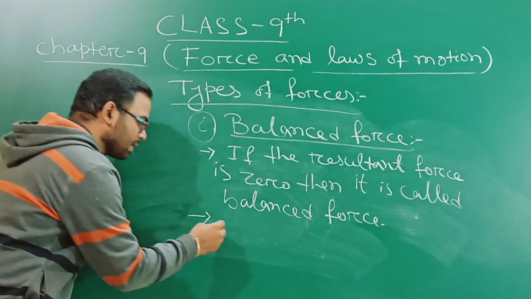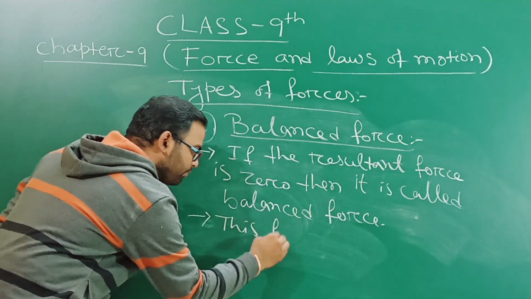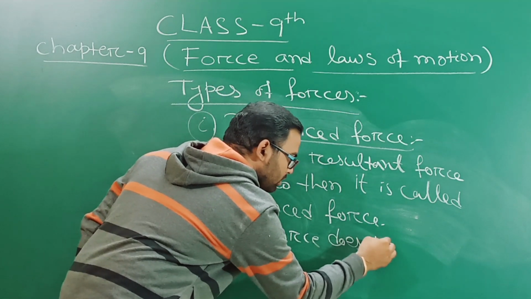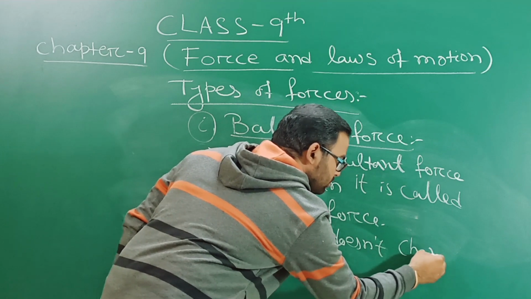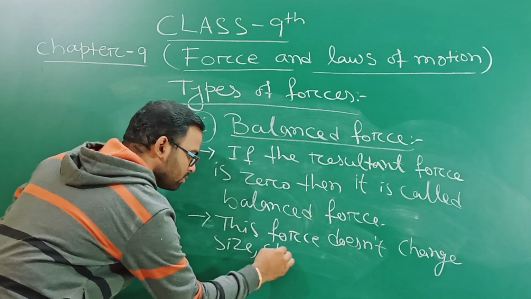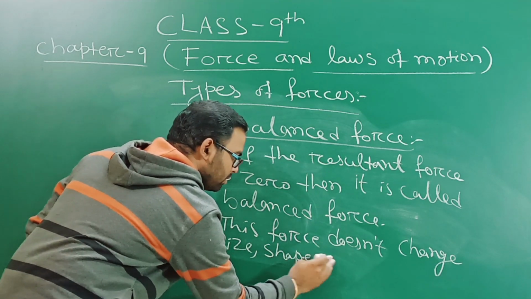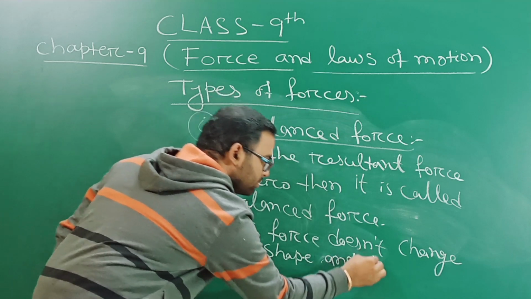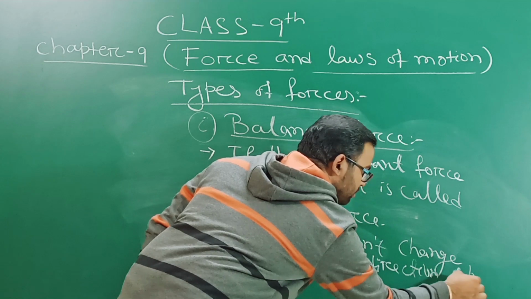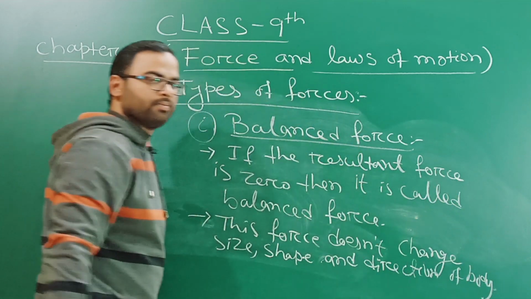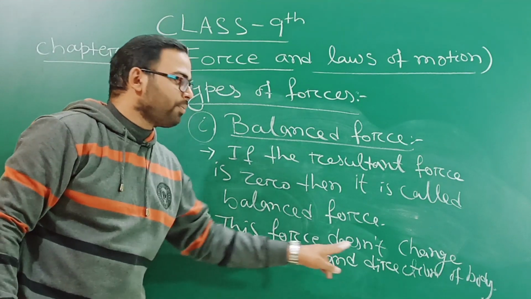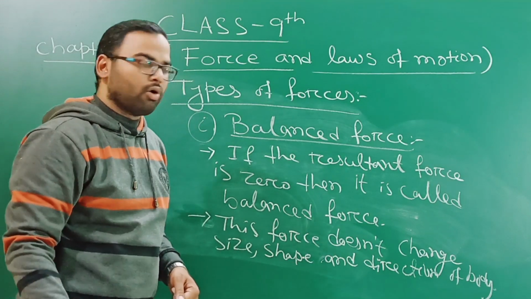So our second point is that this force doesn't change the size, shape and direction of the body. So the balanced force doesn't change the size, shape and direction of the body.